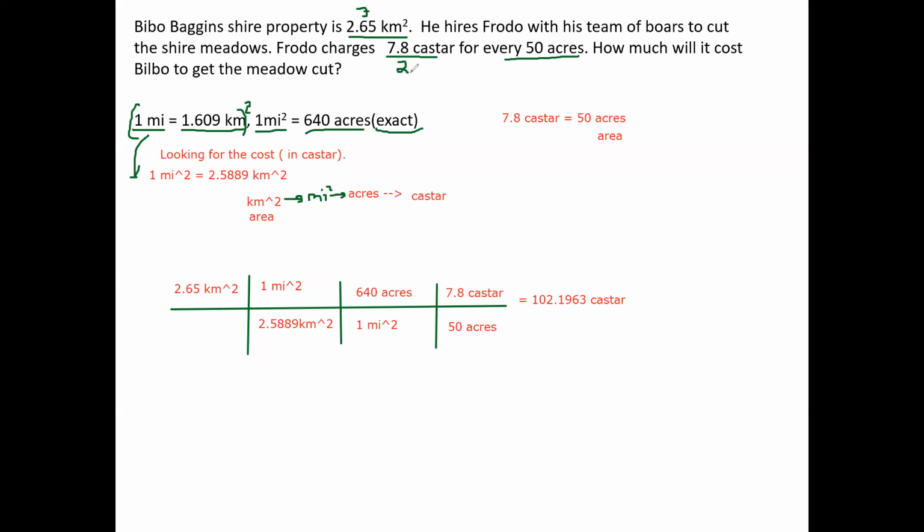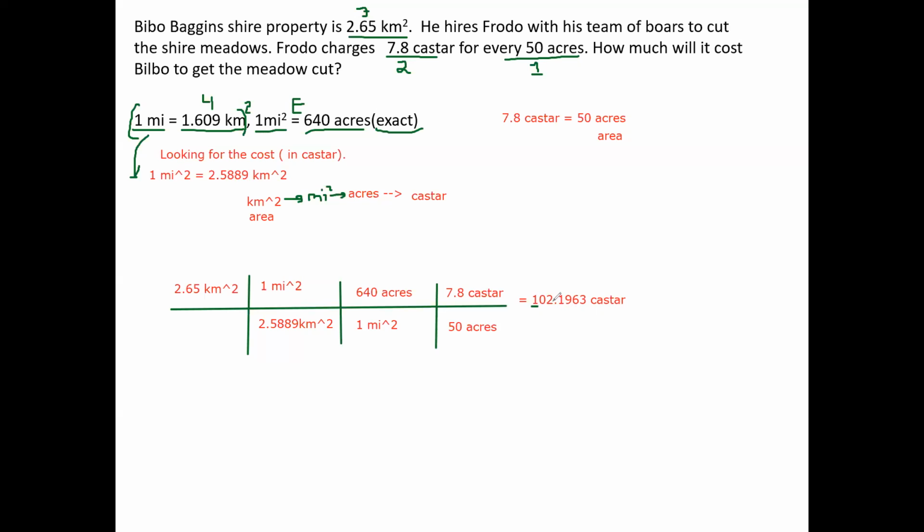This has 2 significant figures. 50 acres has 1. 1 mile is 1.609 kilometers. So this would have 4, because mile is English, kilometer is metric. 1 mile squared is exactly 640 acres. This is exact. So it should be rounded to 1 significant figure.